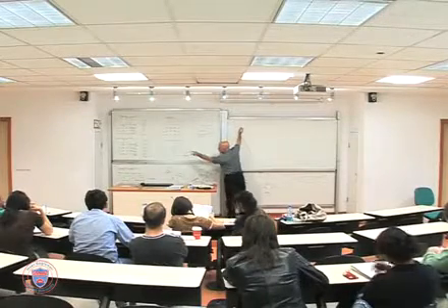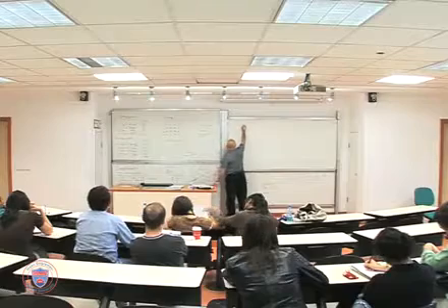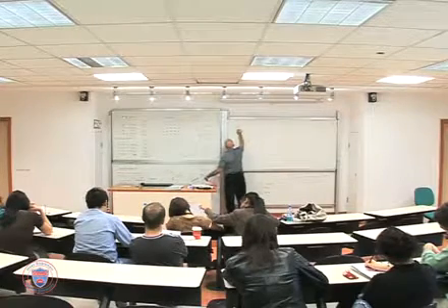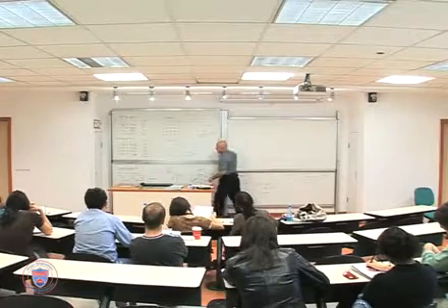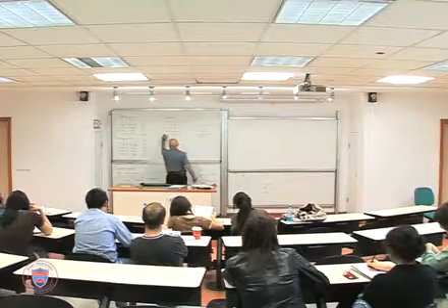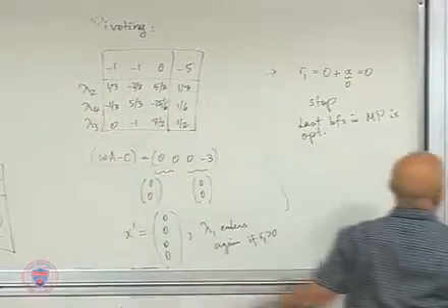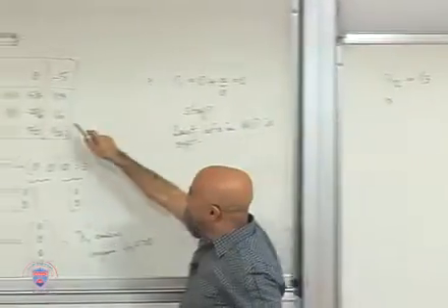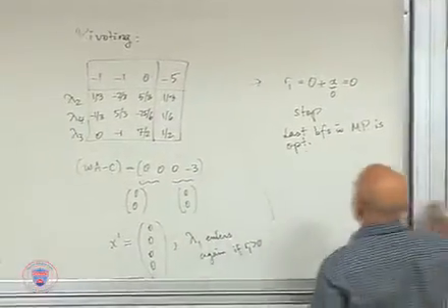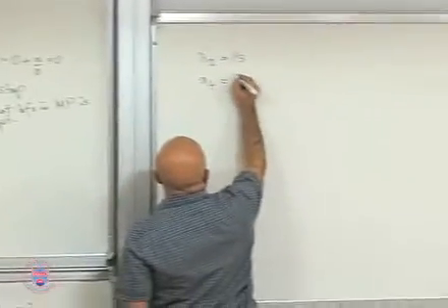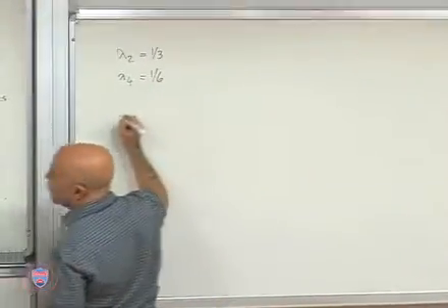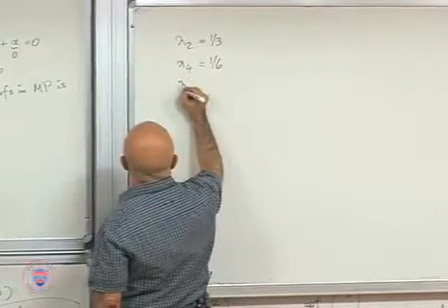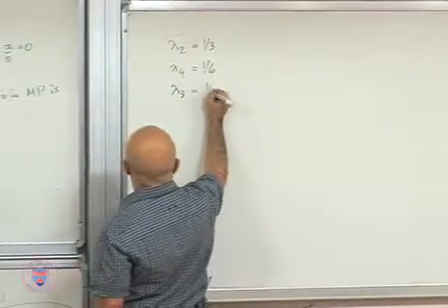Lambda2 is equal to, what is it, 2/5? Lambda4, sorry, it's going to be 1/3. I'm looking at the wrong one. Lambda2 equals 1/3, lambda4 equals 1/6, lambda3 equals 1/2.